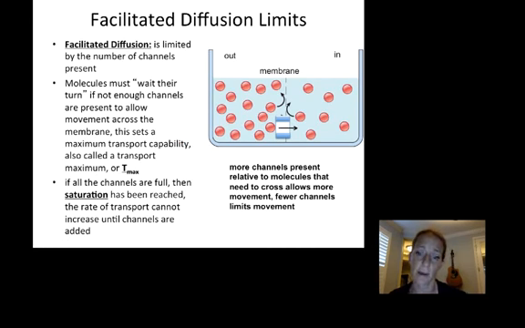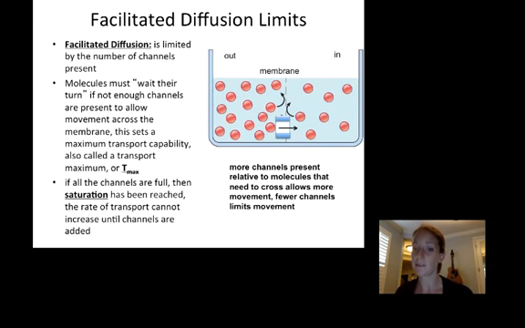Facilitated diffusion, however, is limited by channels. Just like if you look around a crowded room, there is a limit to how many people can exit based on the number of doors. So facilitated diffusion is limited by the number of channels that are present. Molecules have to wait their turn if not enough channels are present to allow movement across the membrane. This sets a maximum transport capability that we call Tmax, or transport maximum.